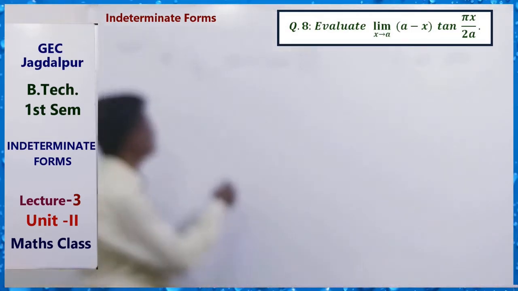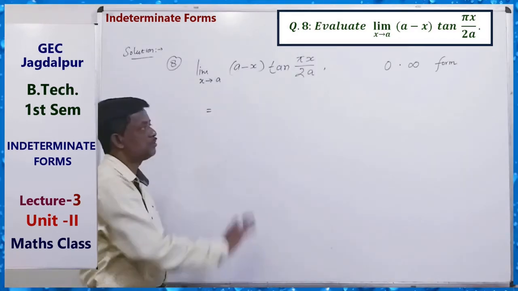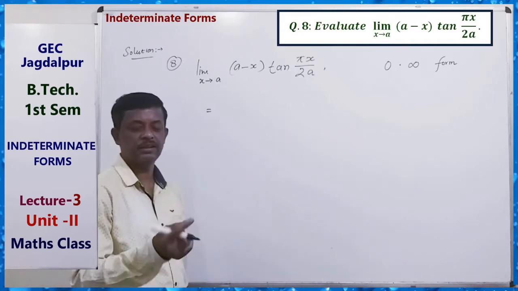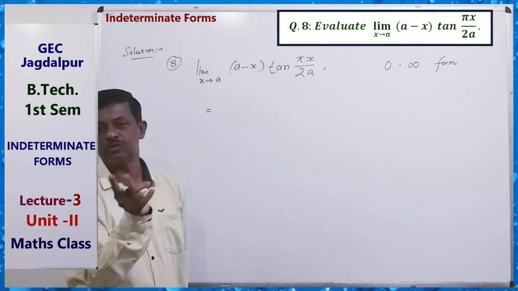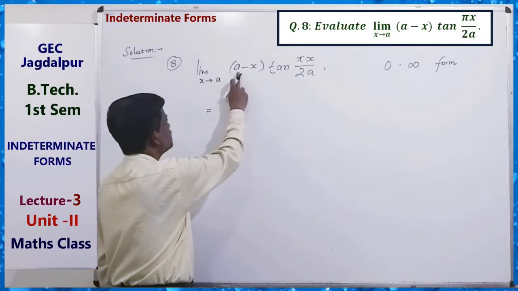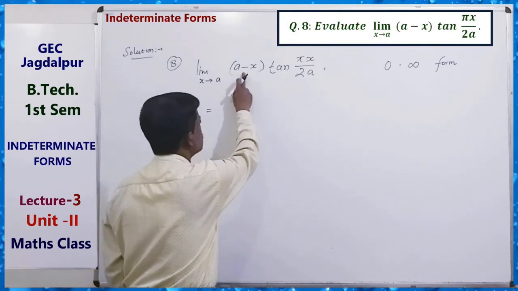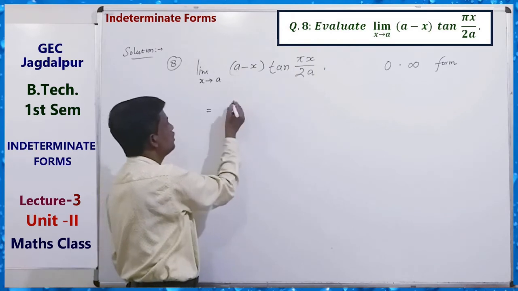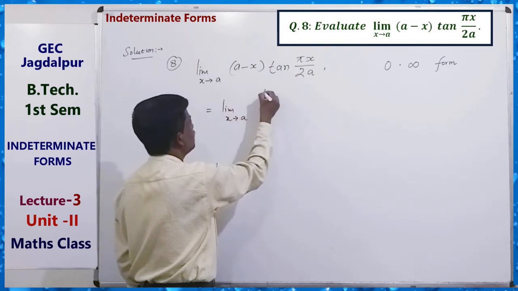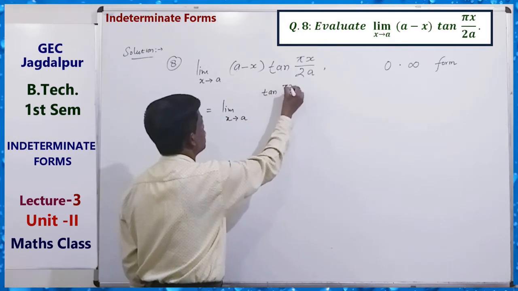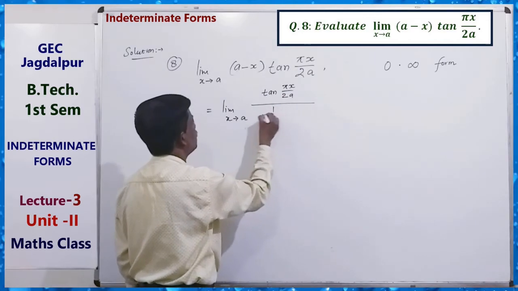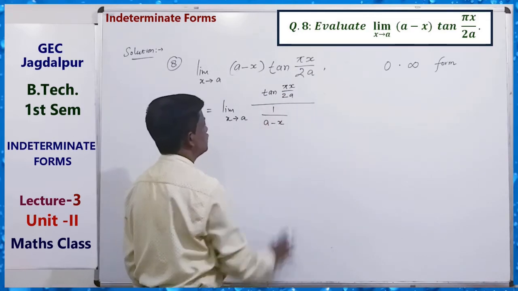So generally, in this type of questions, we first write infinity by infinity form and then reduce it to 0 by 0 form. So here, x tending to a means this is 0. So infinity by infinity form, how can we create it? Like this, x tending to a, tan pi x by 2a upon 1 upon a minus x.